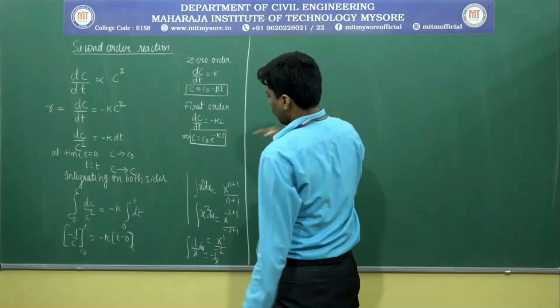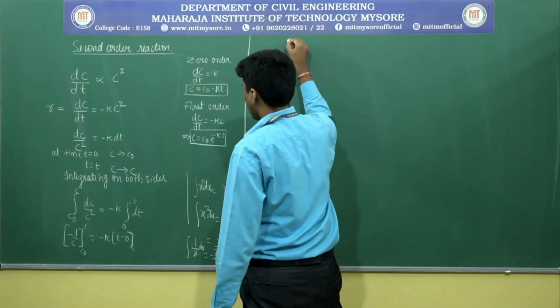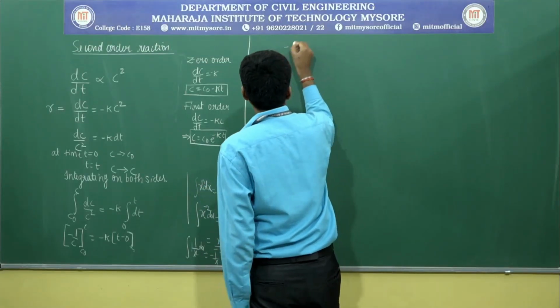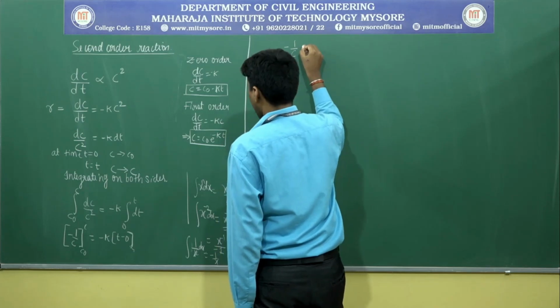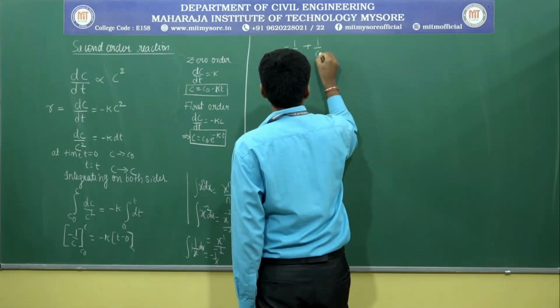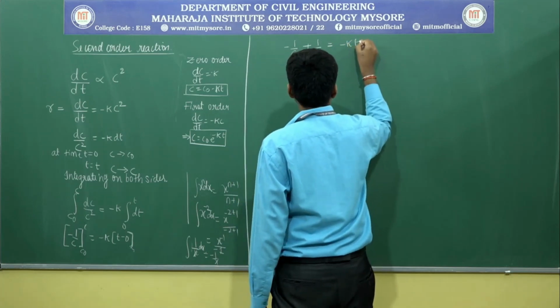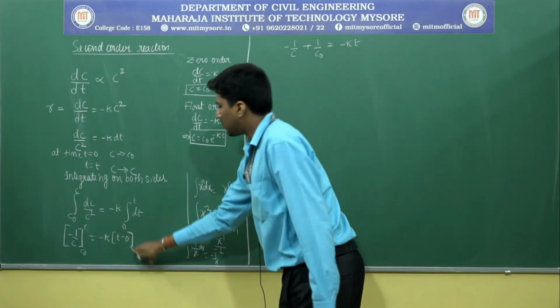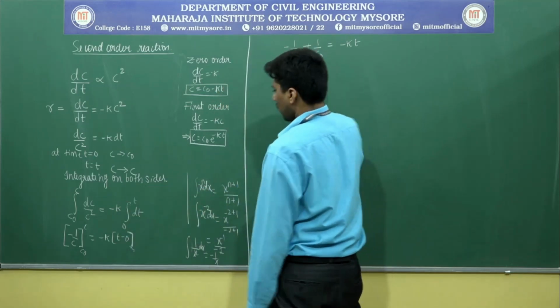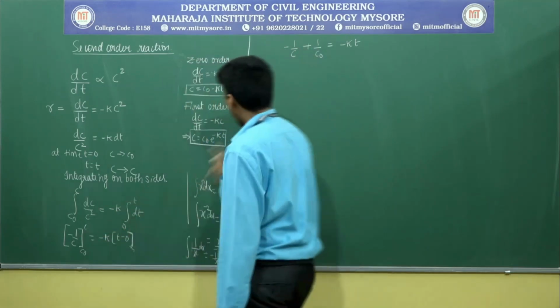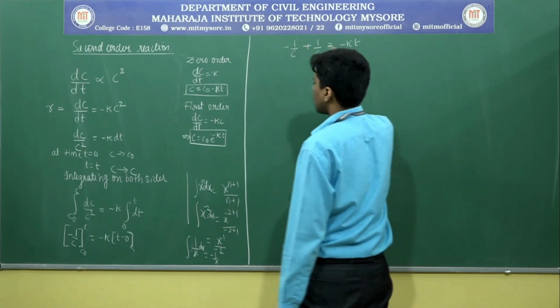Now we have the solution: minus 1 by c plus 1 by c naught is equal to minus kt. Because t minus 0 remains t, and minus of minus becomes a plus.